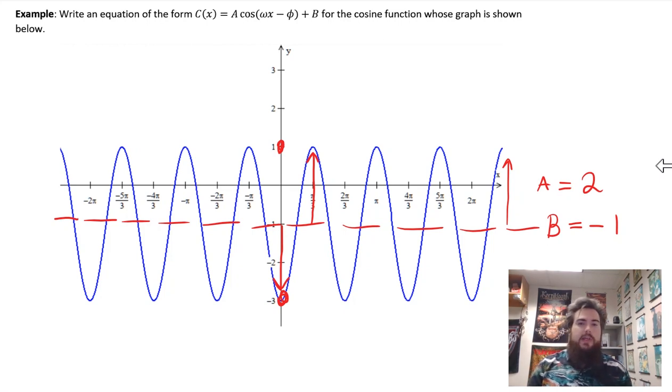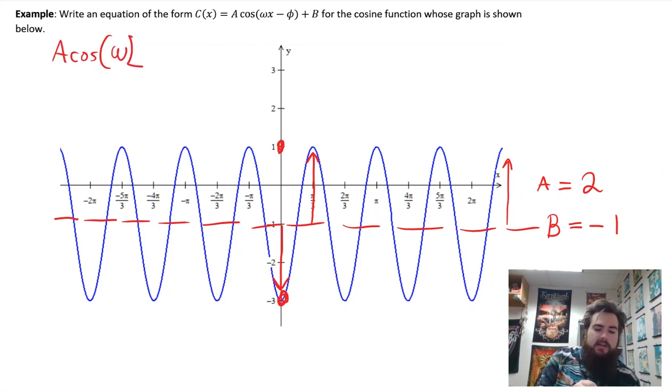Now let's do the horizontal concepts. Just like with graphing though, I am going to consider an adjusted version of this equation. Instead of a cos(ωx − φ), I'm going to consider a cos(ω(x − φ/ω)).